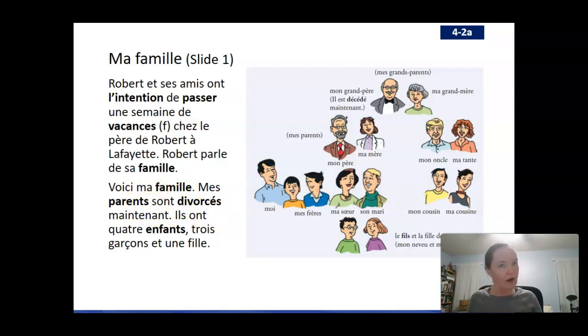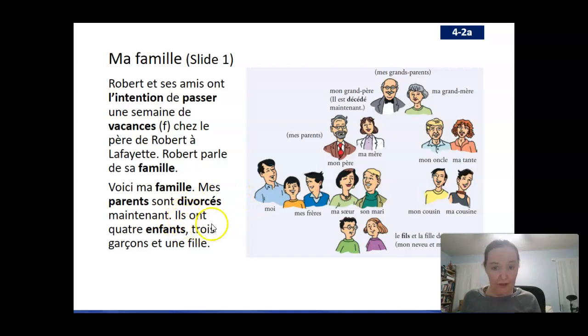Être and avoir are two really important verbs. You need them for lots of other tenses that you will learn later on in this course. So être, je suis, tu es, il, elle est, nous sommes, vous êtes, ils sont. Mes parents sont divorcés. Okay.